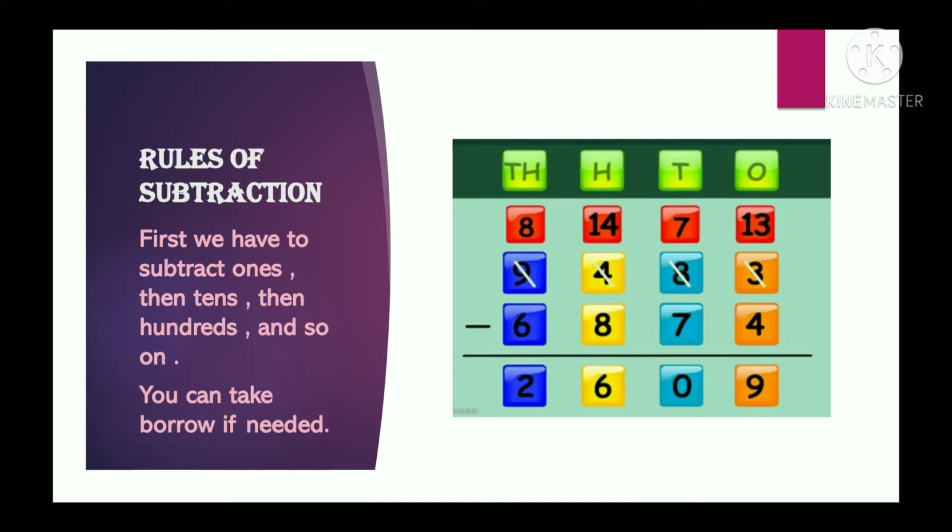Now we can subtract 14 minus 8, so we get 6. Now we need to subtract thousands place, which is 9, and after giving borrow, it becomes 8. So 8 minus 6 is equal to 2.